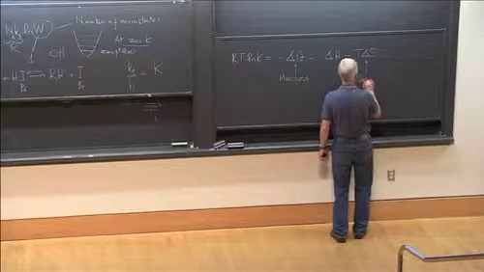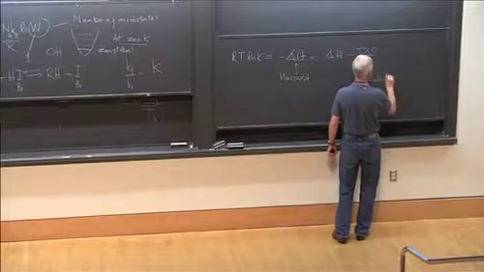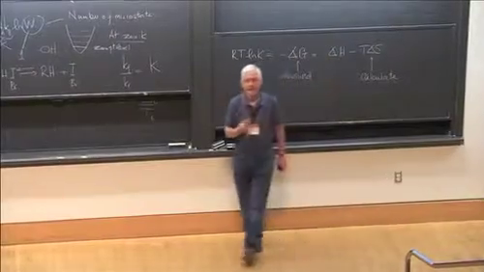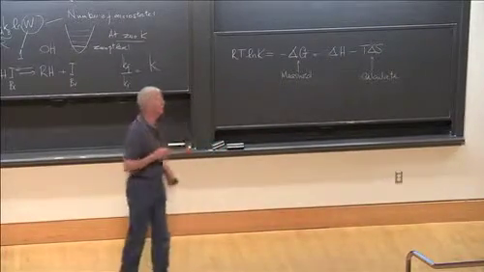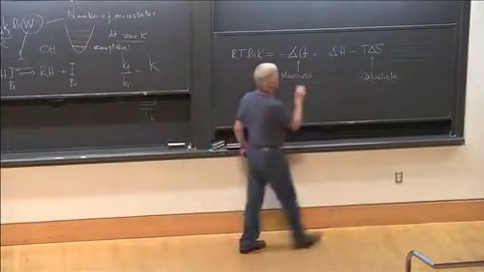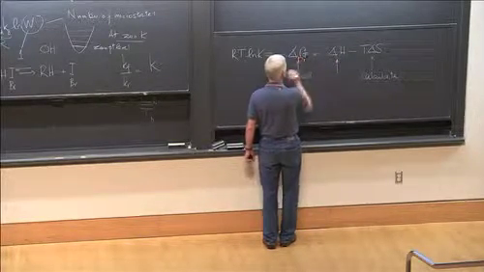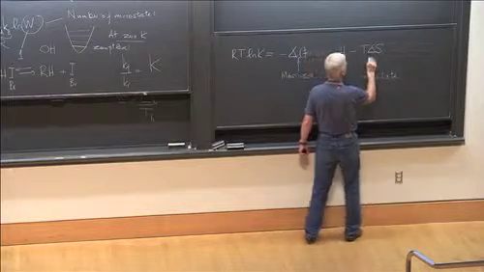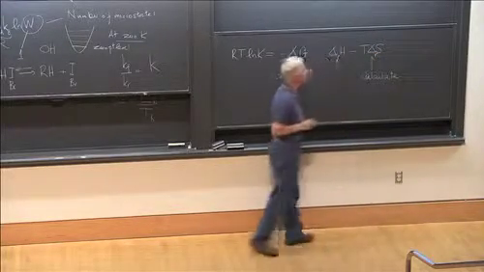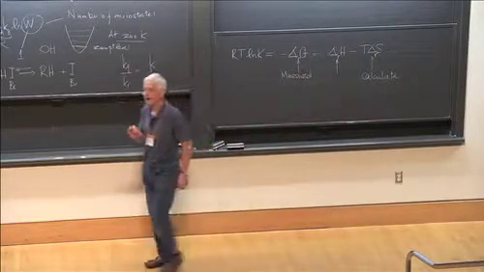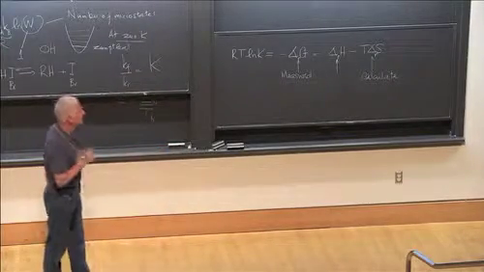You can calculate this using statistical mechanics, as we discussed earlier on. And that enables you then to determine this. And what I should have been doing is putting R's in here, because these are Gibbs energies, enthalpies, and entropies of reaction.